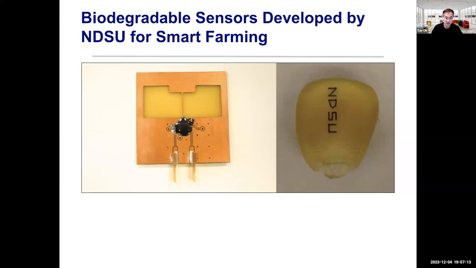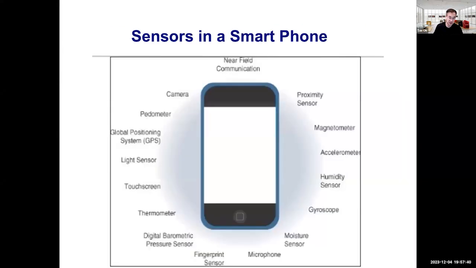Does that mean someone has to come and pick those up and throw them away? No. Those sensors become biodegradable. They just degrade into the soil and become soil. So you don't have to clean up those kinds of things. So those types of sensors exist.